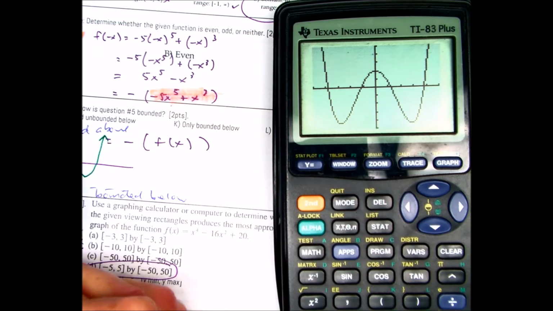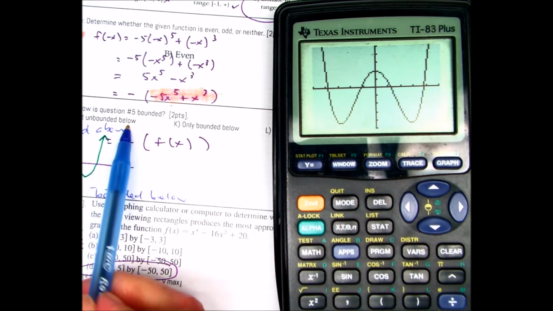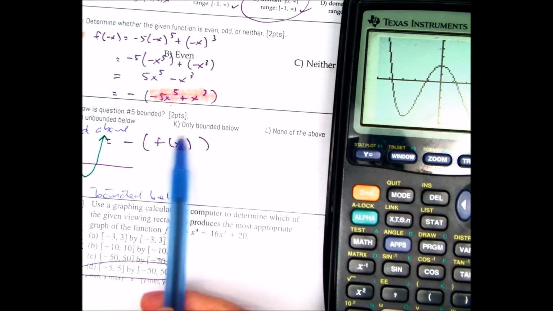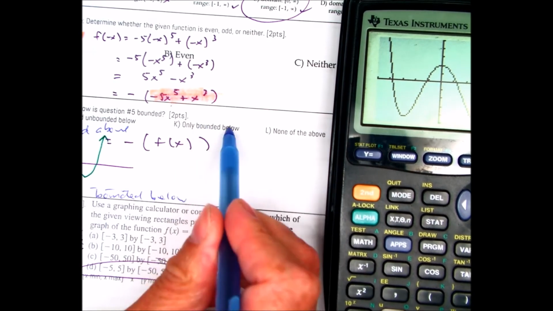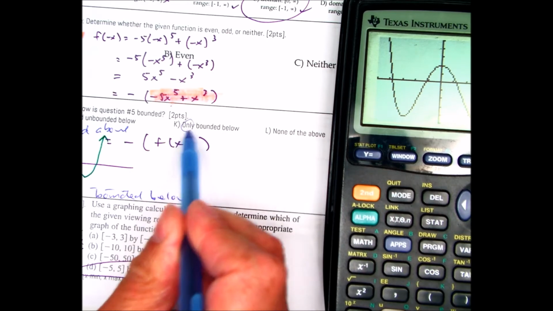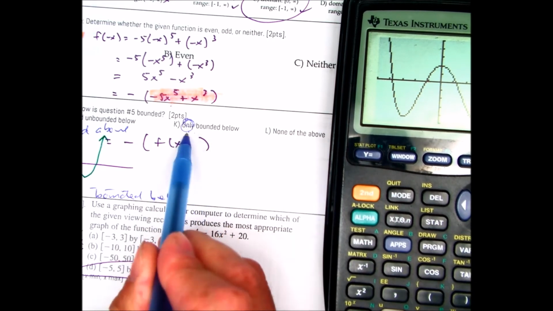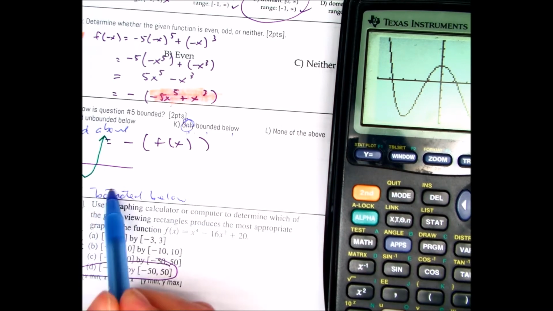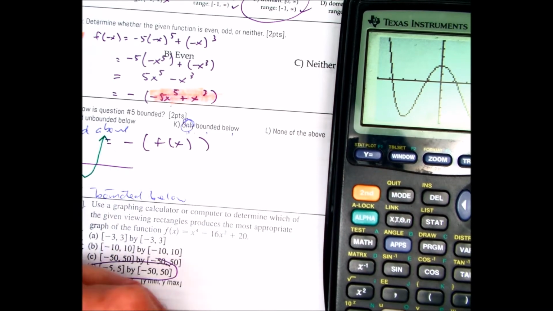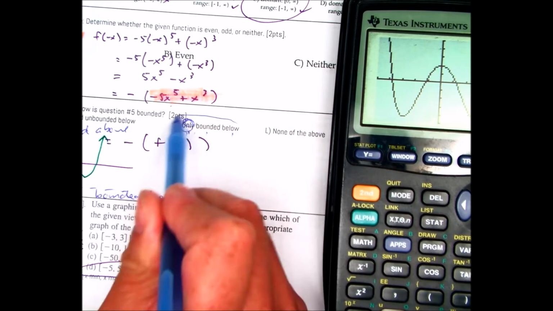This one says bounded above, unbounded below. This one says only bounded below, so I would pick that one. Only bounded below, and it's not above, so I would do K.